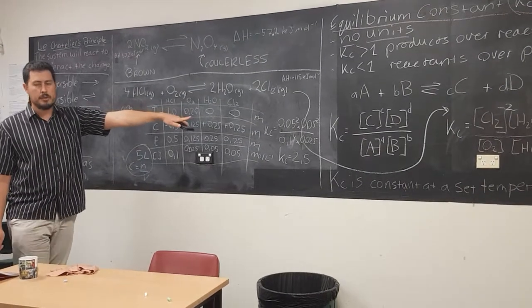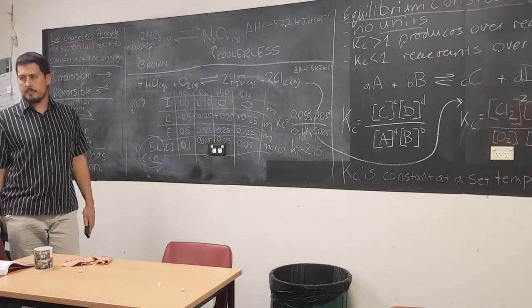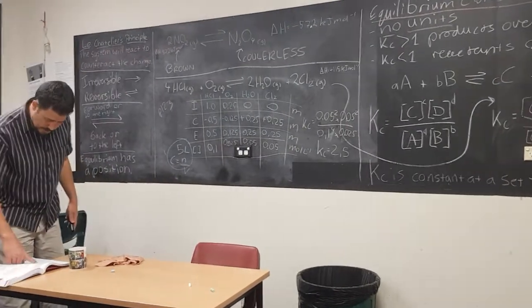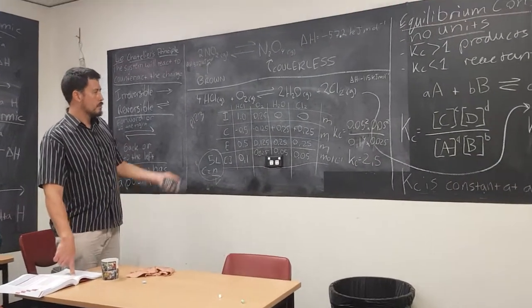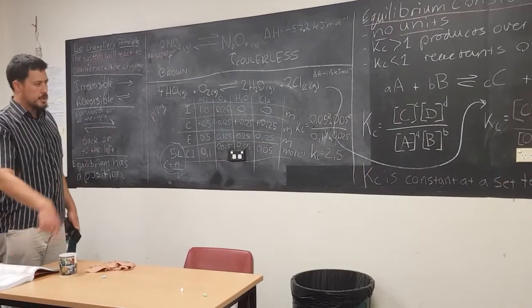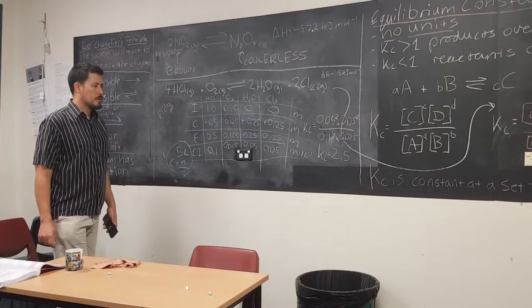Now is that greater than or less than 1? So which side is it going to favour? Not the one written up there. It's going to favour the left-hand side, which is in line with what's already occurring. Now if you were to change the temperature, you'd change the Kc value.